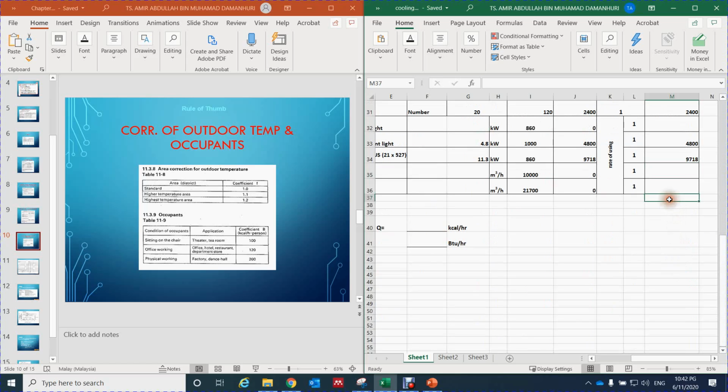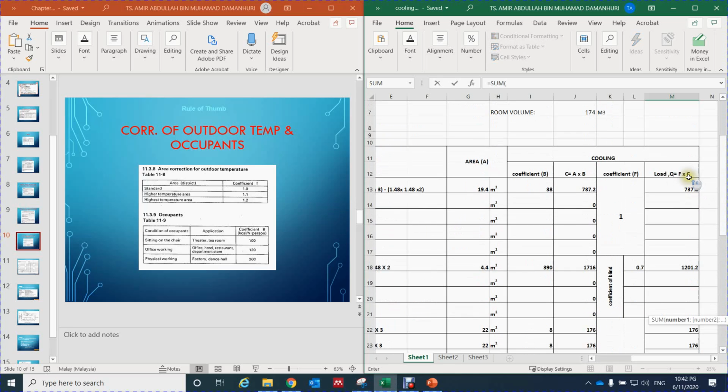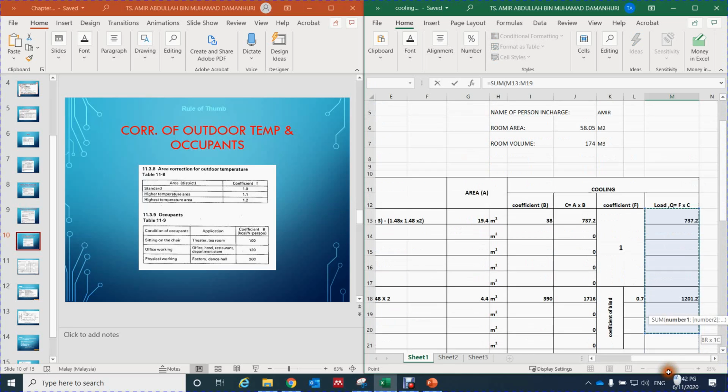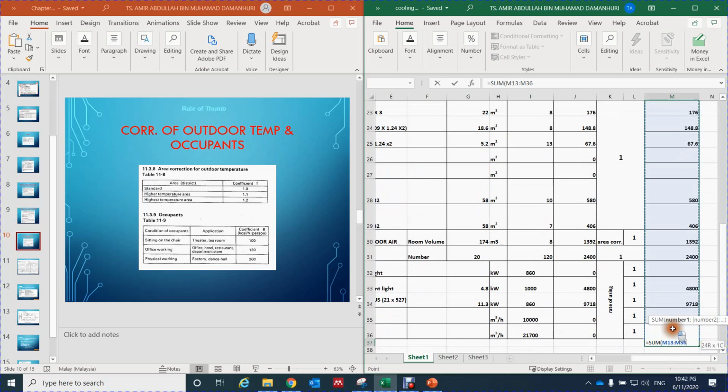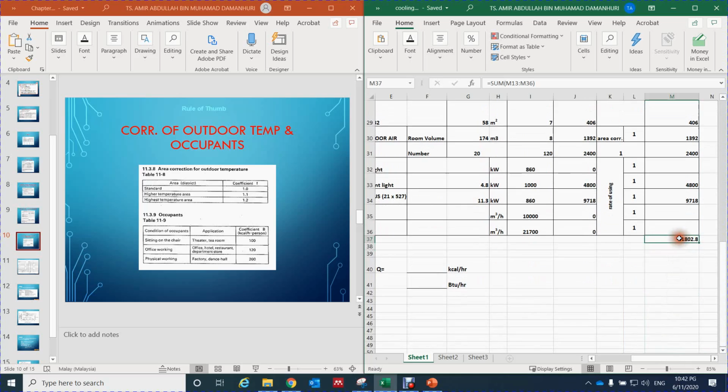So we just use sum, double click, and select from here until the end, then press enter. So this is the kilocalorie. This is our answer, 21,802 kilocalorie per hour for the load.